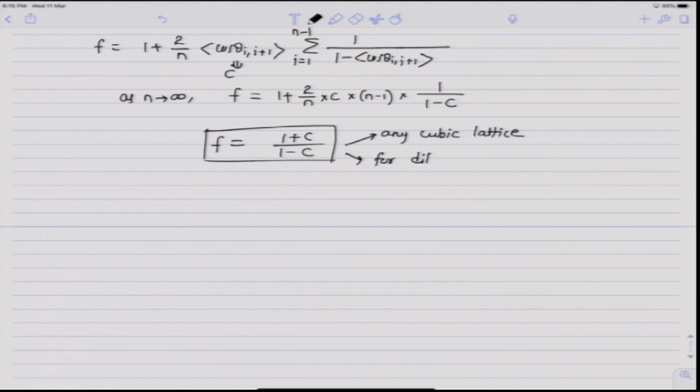for diffusion of an atom by vacancy mechanism. So, the correlation factor depends upon two factors: the geometry, which is given by the crystal structure here, and the mechanism of diffusion. In this case, this is for diffusion of an atom by vacancy mechanism.